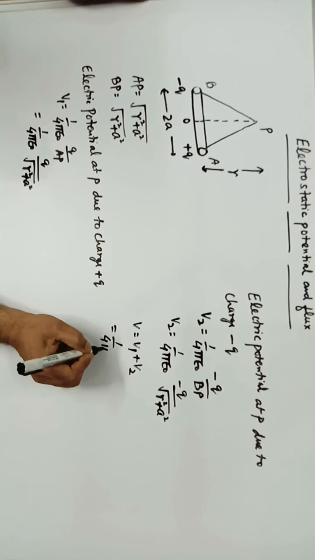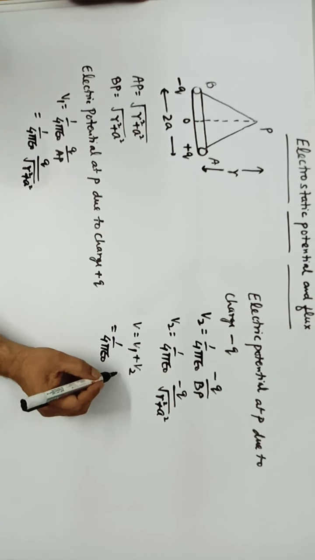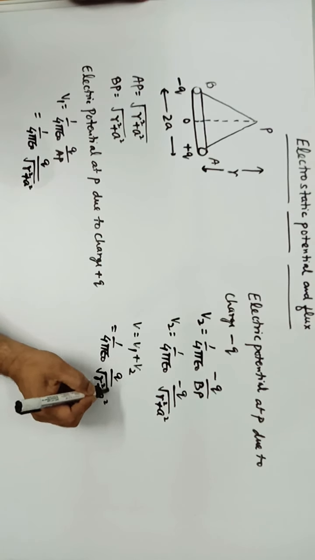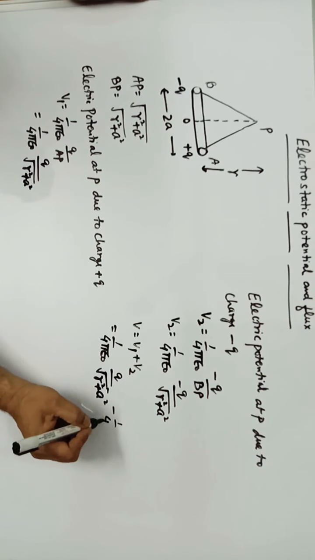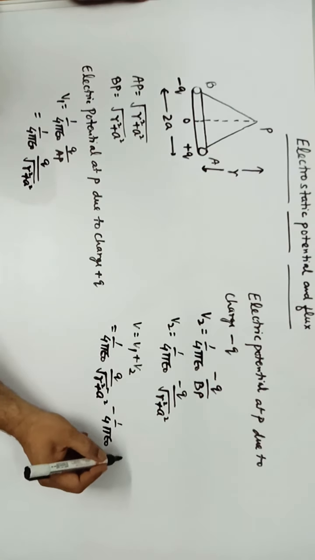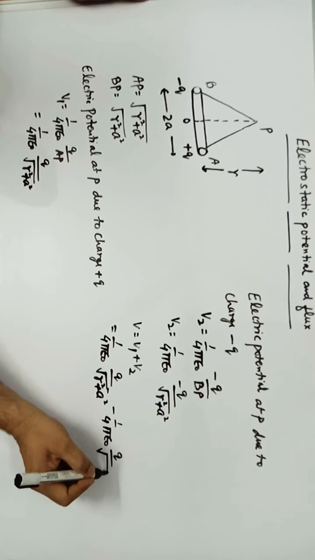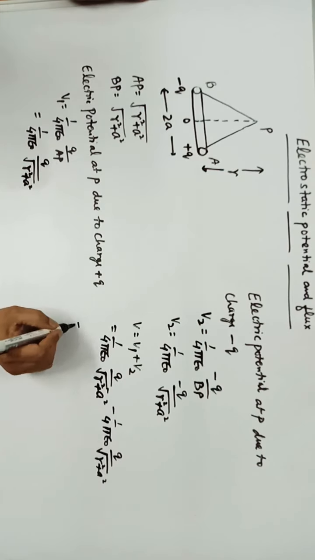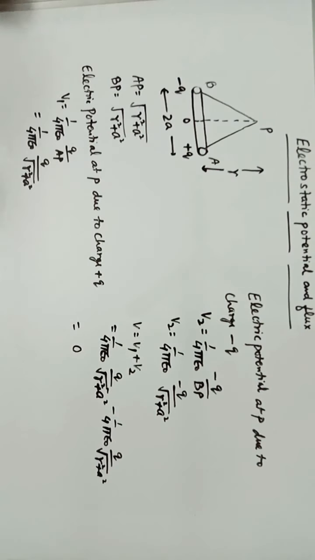So we write 1 upon 4 pi epsilon naught q upon under root r square plus a square minus 1 upon 4 pi epsilon naught q upon under root r square plus a square. This will become 0. So what we observe, the electrostatic potential at any point on the equatorial line of the dipole is 0.